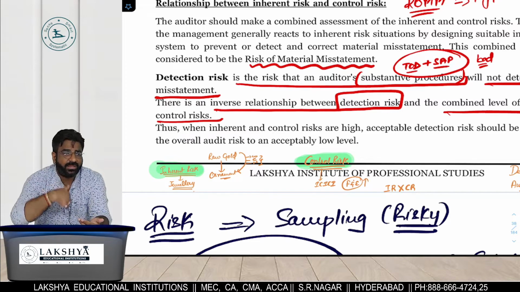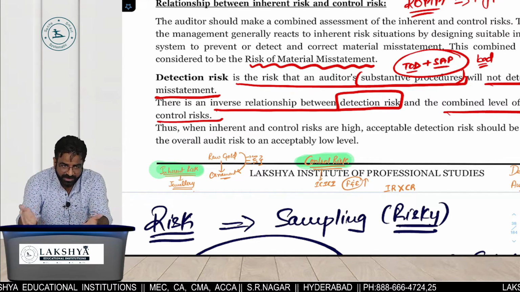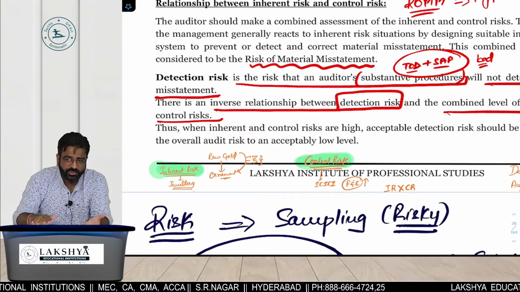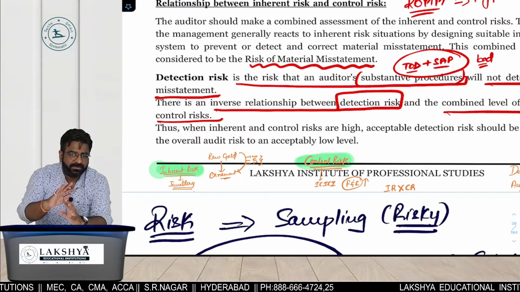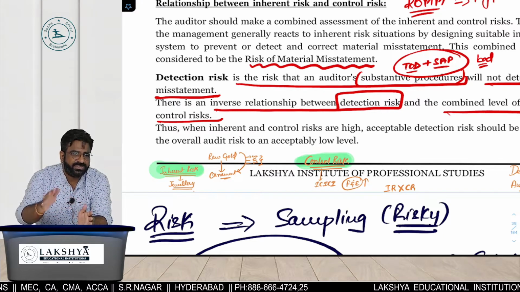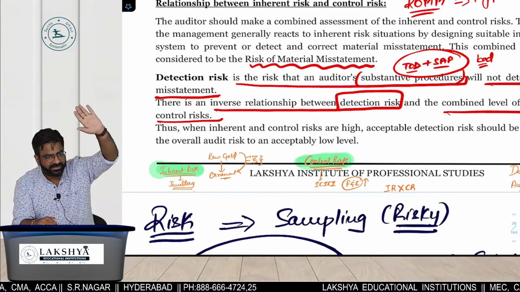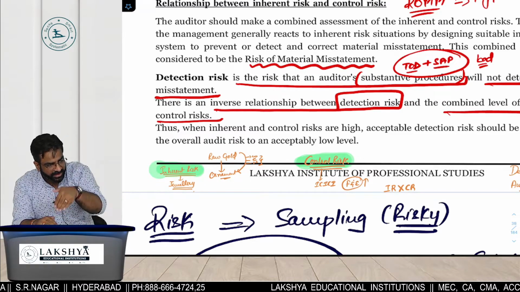So what would I like to do as an auditor? More coverage. Due to more coverage, my benchmarking will be lower. My materiality level will be lower, so that I can cover more items. But when I cover more items, the chances of non-detection of frauds and errors will be lower. Therefore, IR and CR higher results in lower DR.